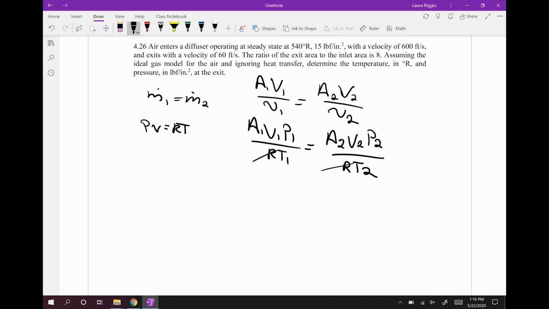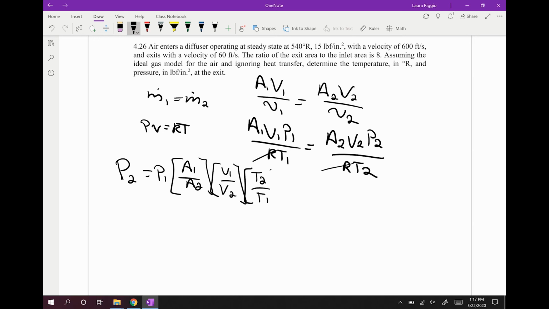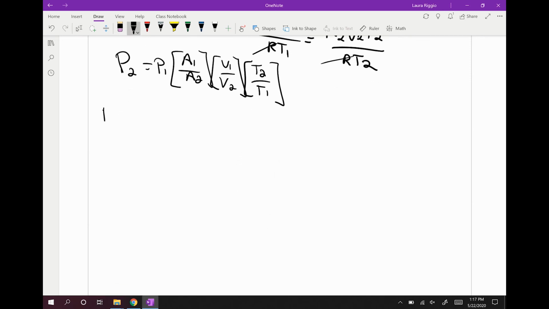Our R's are going to cancel. So P2 is equal to P1 times A1 over A2 times V1 over V2 times T2 over T1. That's great. We know almost everything, but we don't know T2.